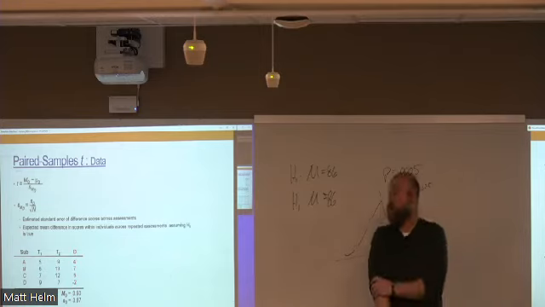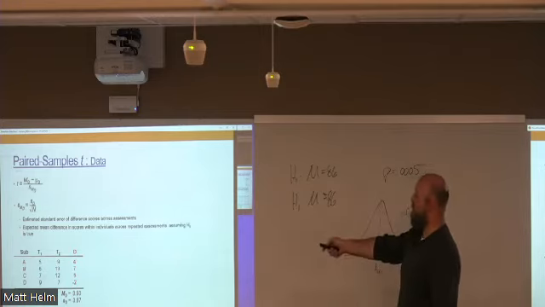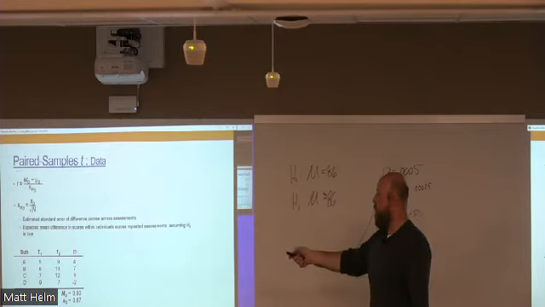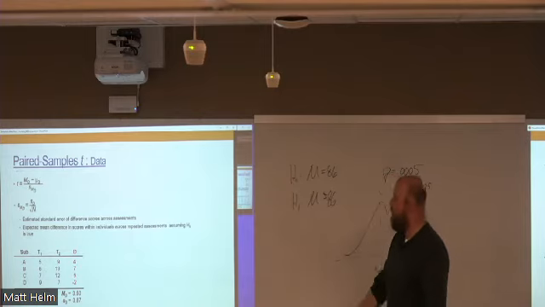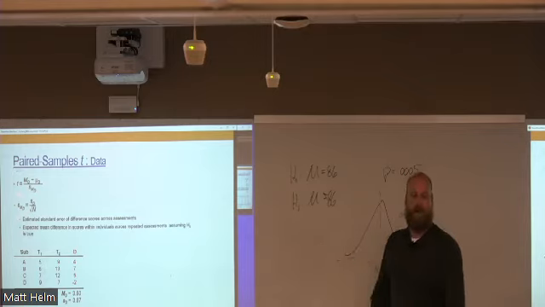All right, so a quick example here. My t-test is going to be the mean difference minus the difference score assumed under the null. That's going to be 0, so it's just the mean difference over the standard error of the difference scores. The standard error of the difference scores is going to be the standard deviation of my difference scores over the square root of n, okay?